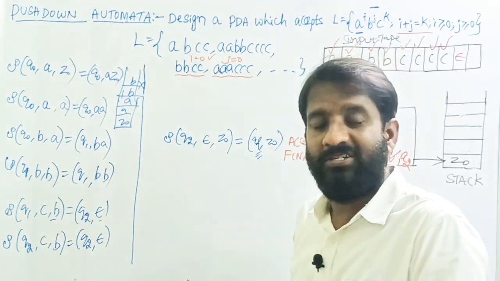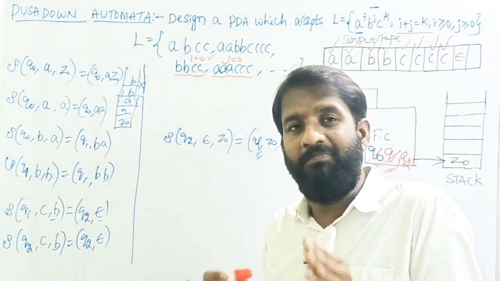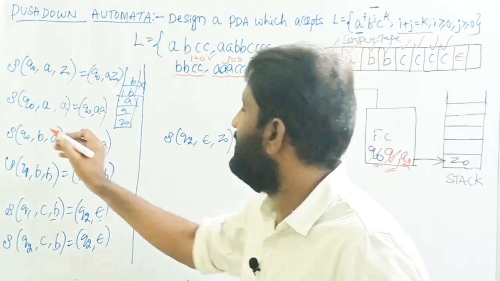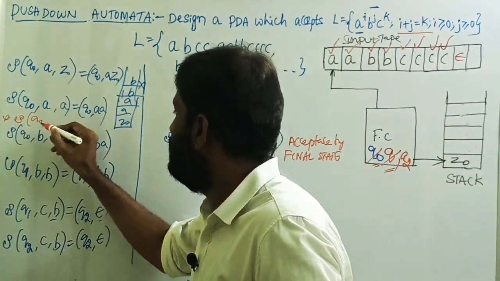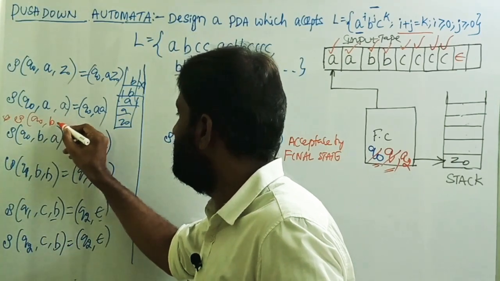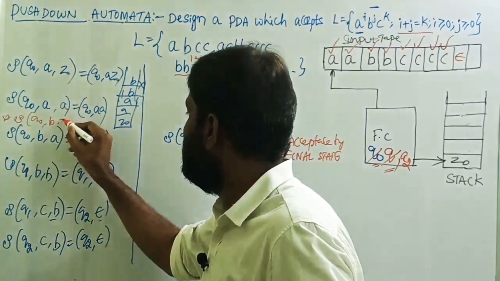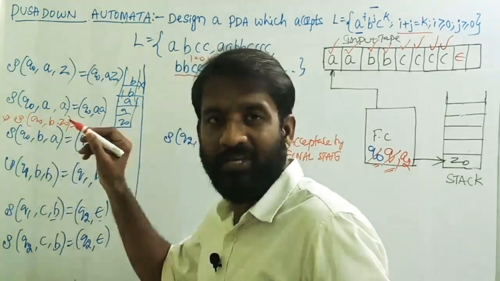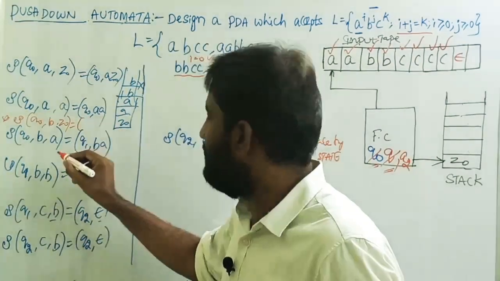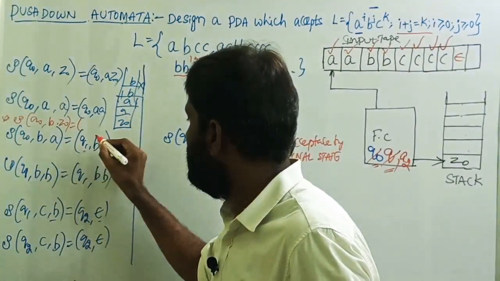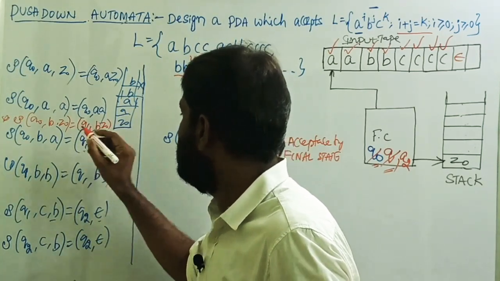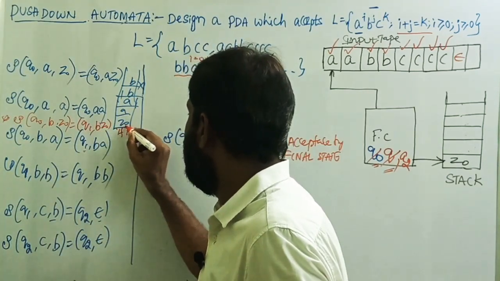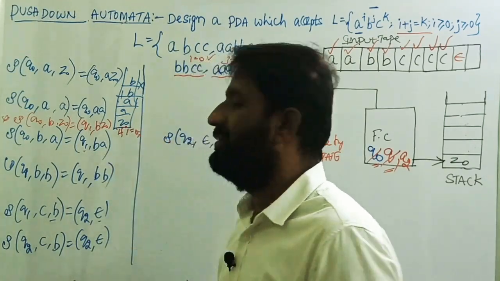The transition is for a string that starts with only B. So we need to add the transition: Q0, input symbol is B, top of the stack is Z0 only because there are no A's. In that case, after reading B's, we change to the state Q1, so Q1 comma B Z0. This is the case when I equals 0.